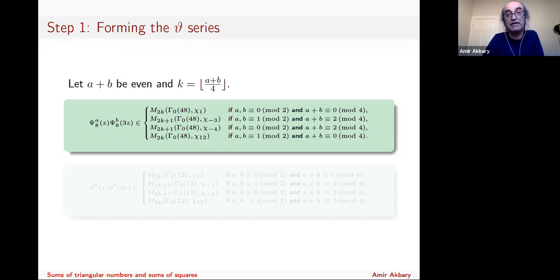If a plus b is odd, in principle somebody can think about doing it, but they need to find the right bases. I believe those bases are not known, or they are not as nice as in the case of integral weight modular forms.